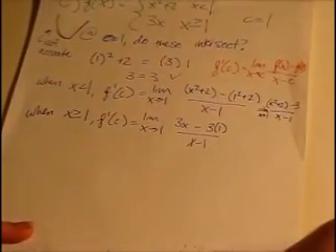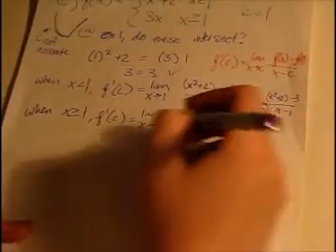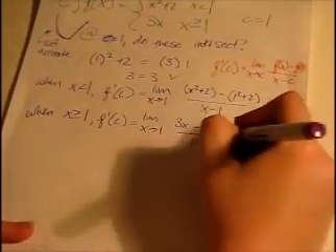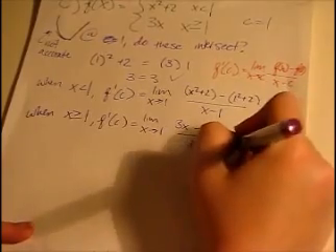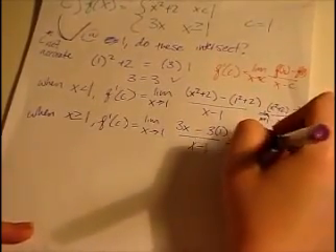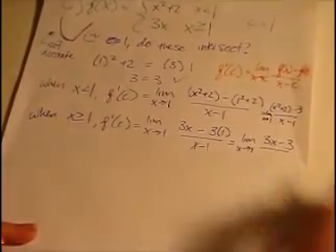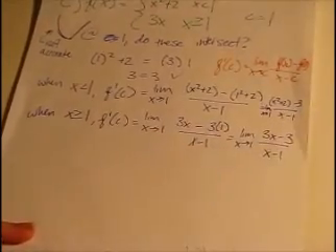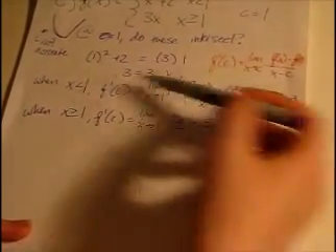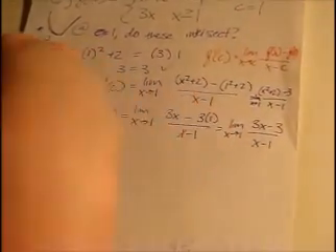This is pretty straightforward. We can simplify this again. This is 3x minus 3 over x minus 1. Solid? Okay, so we have our two equations.